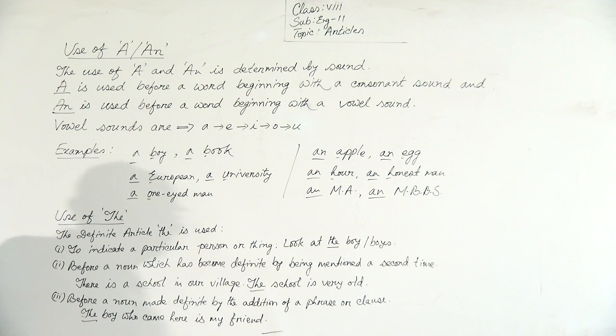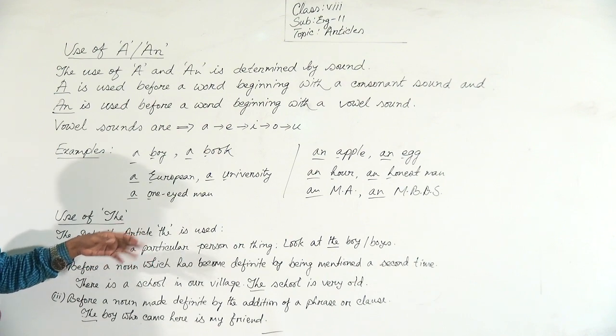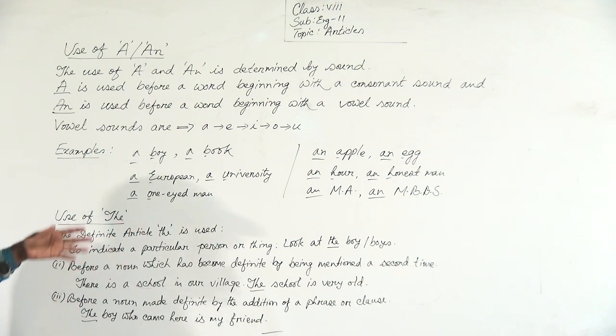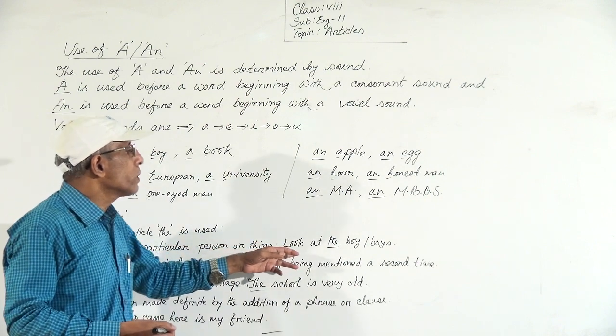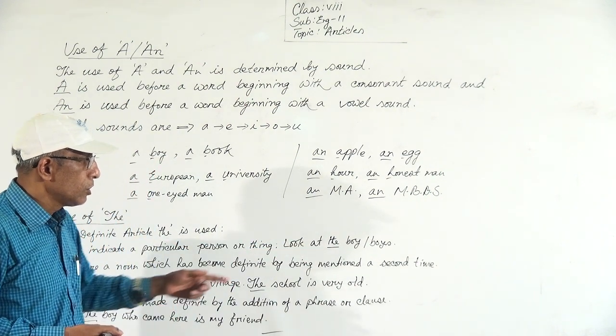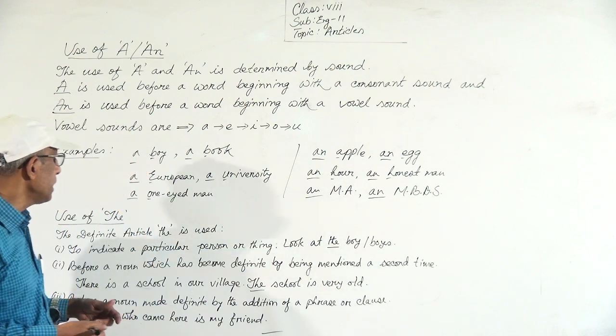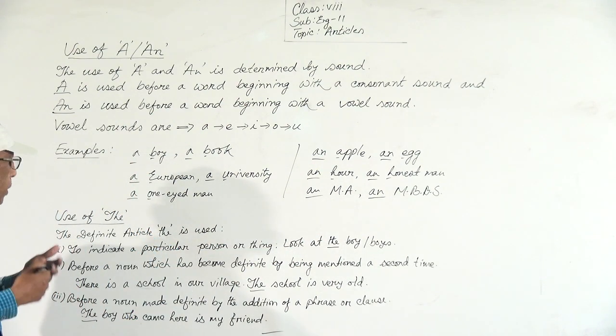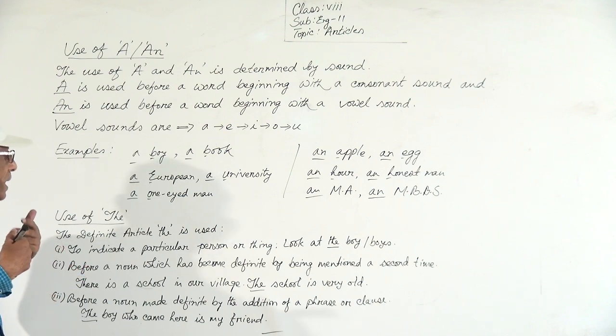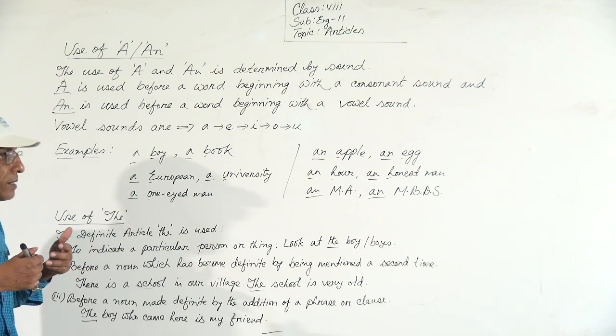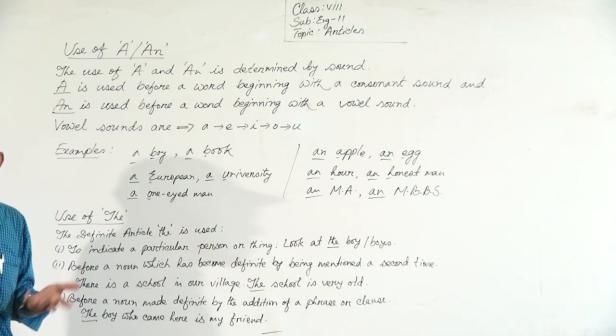Okay, use of THE. The definite article THE is used, number 1, to indicate a particular person or thing. Look at the example. Look at the boy or boys. Here, the boy or boys are not any boy or any boys.